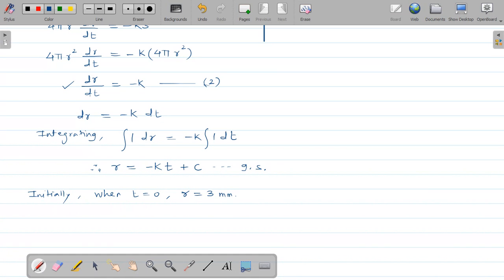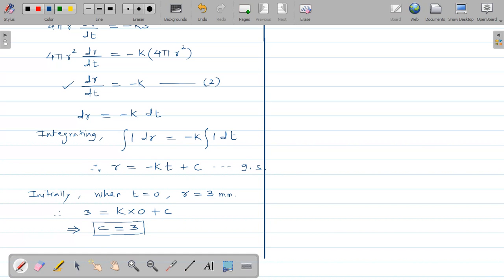Okay, so when t is equal to 0, r is equal to 3 mm, and if you put this in the general solution, then we get 3 is equal to minus k into 0 plus c, and by using the initial condition we always get the value of c. So here the value of c is equal to 3.